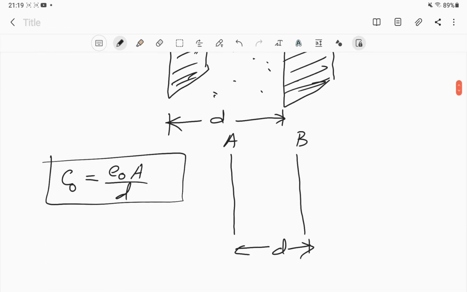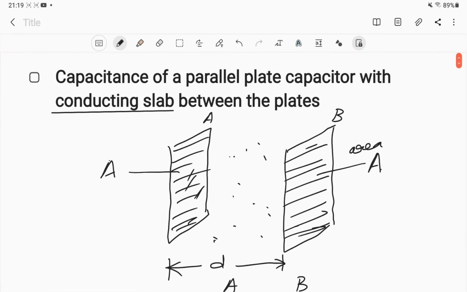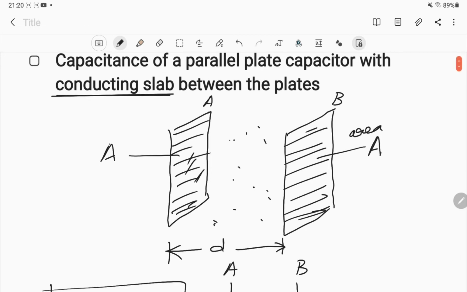Now what we have to do is insert a conducting slab between the plates. So between this plate A and B, we have to insert some conducting slab. Let's say this is the conducting slab.